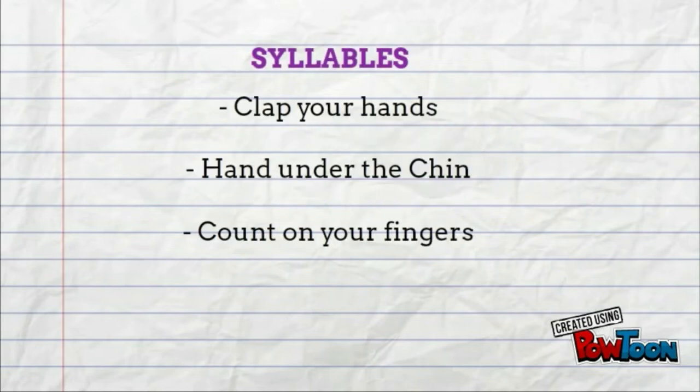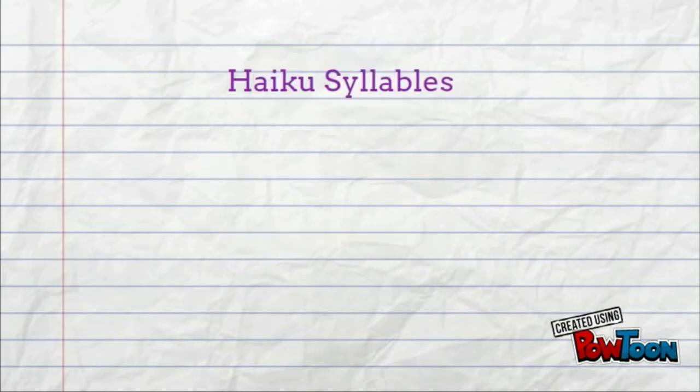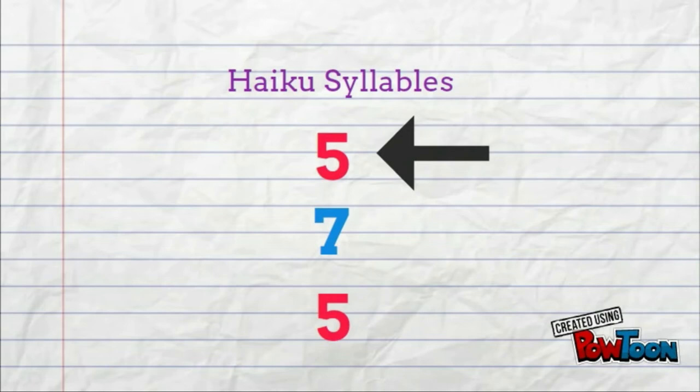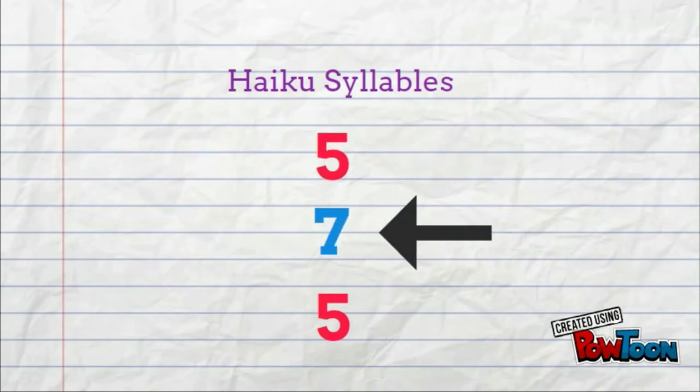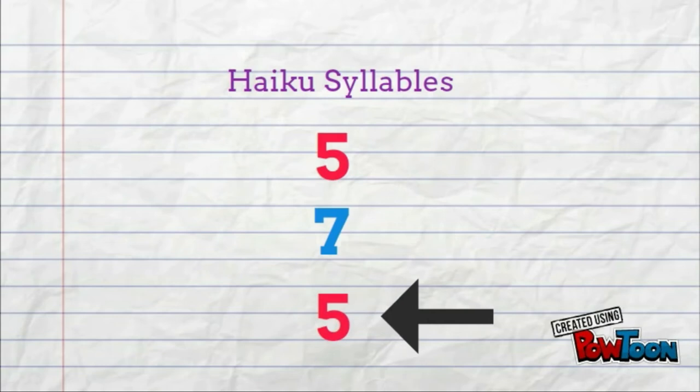There are a couple ways to count syllables. Clap your hands, put your hand under your chin, or count it on your fingers. Haiku syllables fall in a certain pattern. There should be 5, 7, and 5 in each line. The first line has 5 syllables, the second line has 7 syllables, and the third line has 5 syllables.